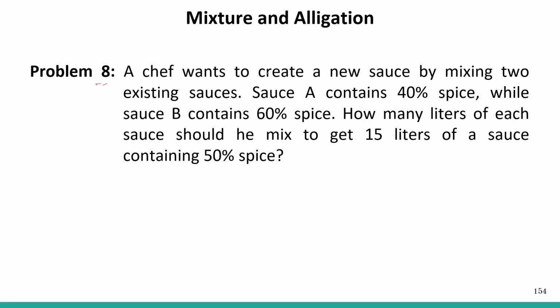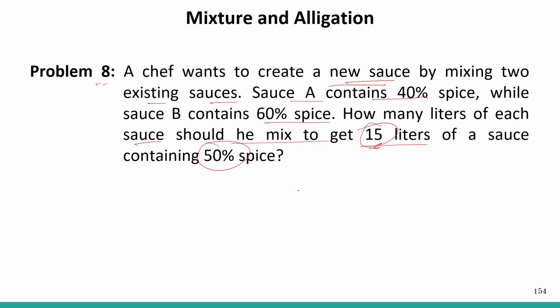So a chef wants to create a new sauce by mixing two existing sauces. Sauce A contains 40% spice, while sauce B contains 60% spice. So how many liters of each sauce should he mix to get 15 liters of sauce containing 50% spice? So this is the target mixture he wants with his amount.